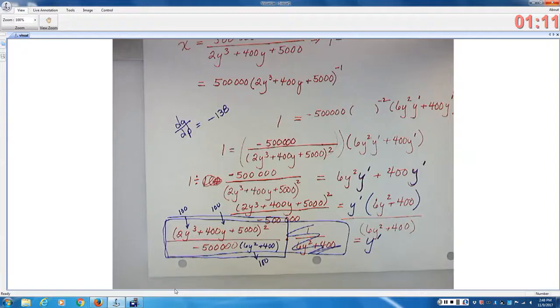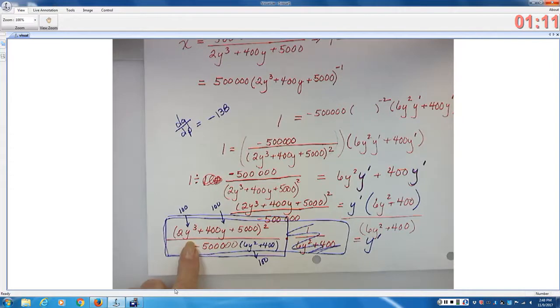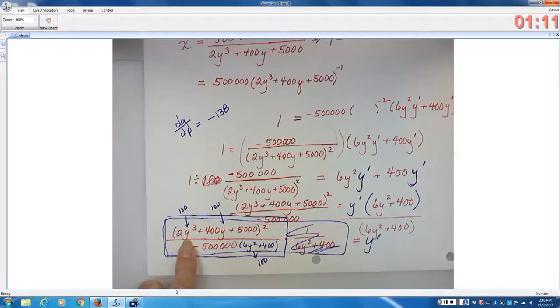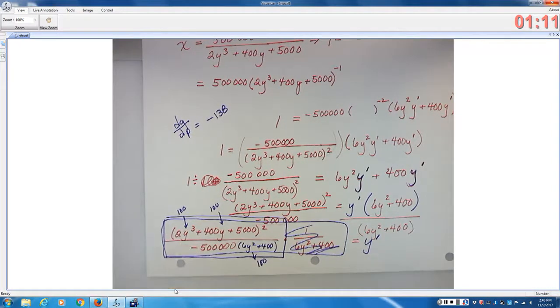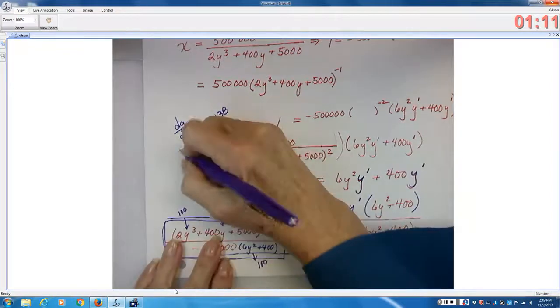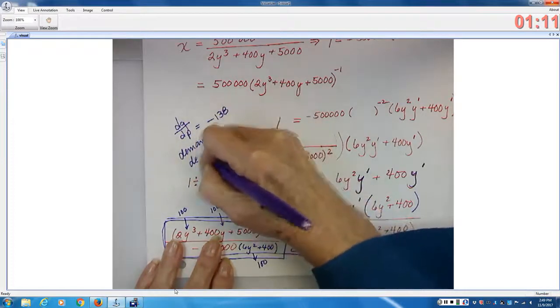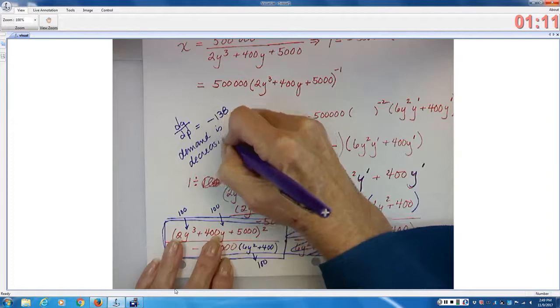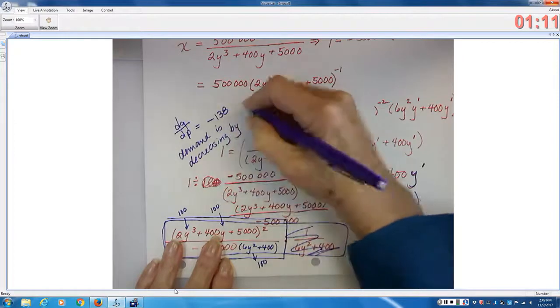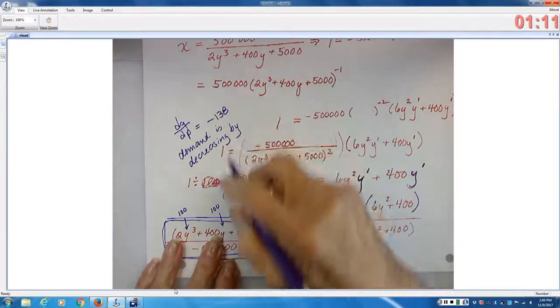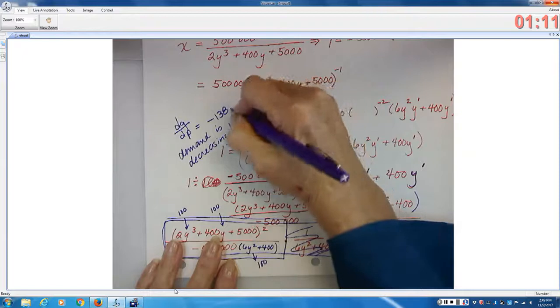And actually, Q is in hundreds. That's actually 10,000 because that's 100 hundreds. And demand is decreasing at the rate of 13,900 units per dollar. And it's 138 point something.